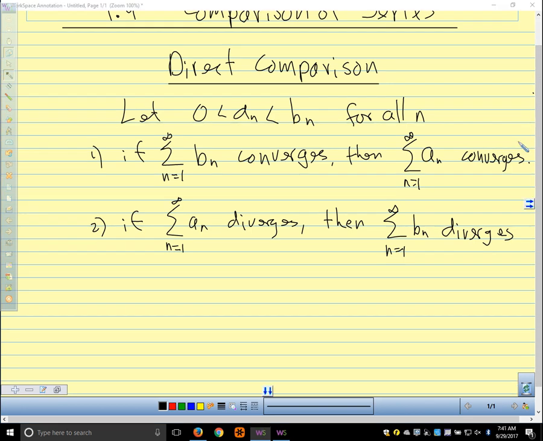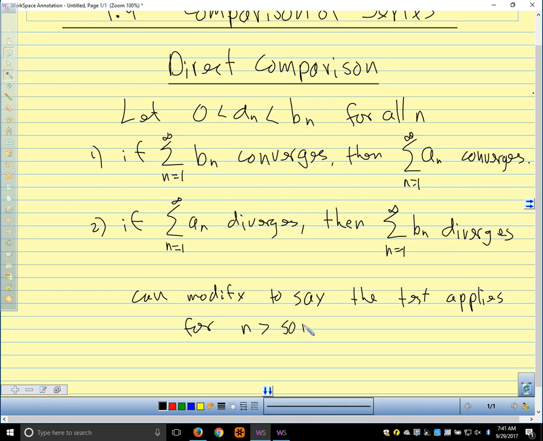All right, I want to make a quick note. Because convergence or divergence is not affected by the deletion of a finite number of terms, we could modify this to say that the test applies for n greater than some integer N, capital N. So instead of for all n, we could say if eventually this is true, then we can apply the direct comparison test.